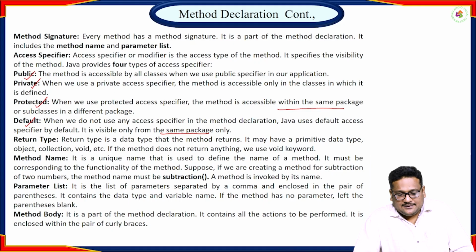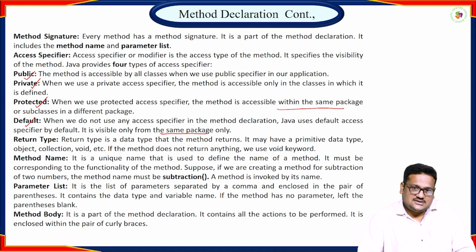Coming to the return type, it is the data type that the method returns. It may be a primitive data type, object, collection, void, etc. If the method does not return anything, we use the keyword void in front of the method name.